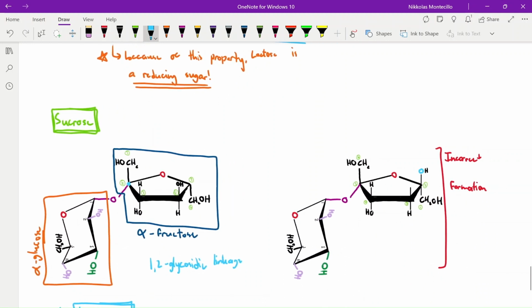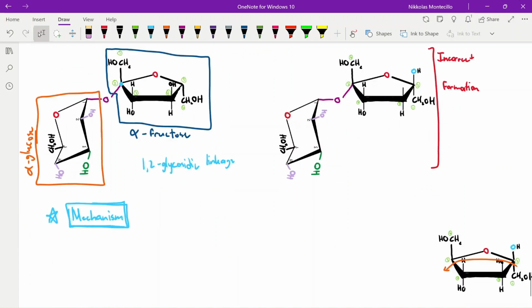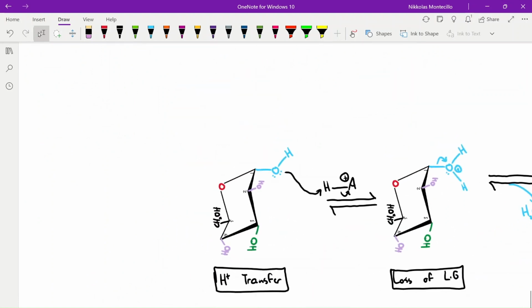You can't say that this is a 1,5 glycosidic linkage, and that would technically be incorrect, because what we see here is essentially the flipping of a ring. Okay, so if I show you the mechanism, this should perhaps clear things up.